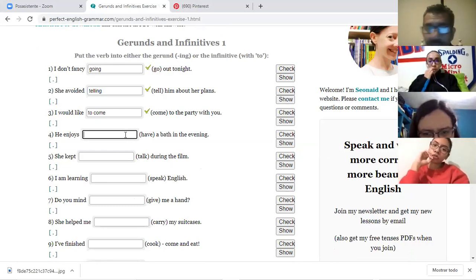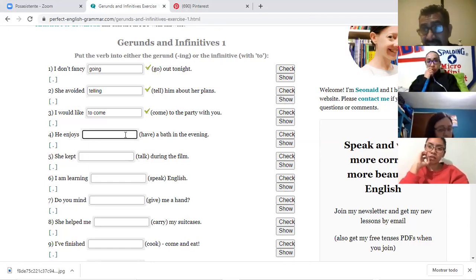Teacher, tengo una duda con fancy. No lo encuentro. No, it's not in the list. If you want, you can write it down apart. Esta no está en la lista. But the meaning of fancy is tener ganas de. Fancy no es como lindo, as an adjective.